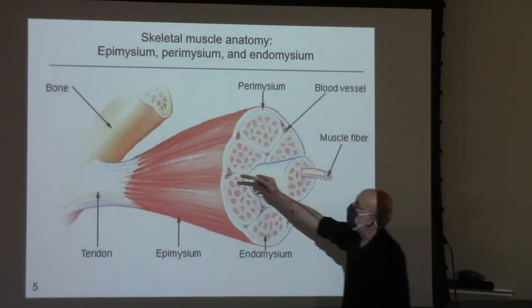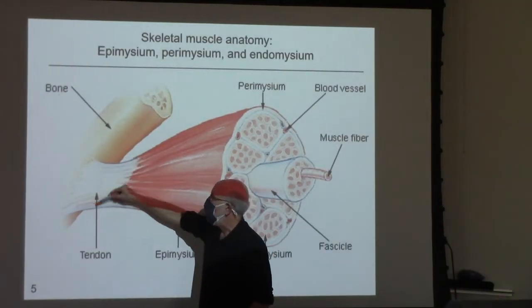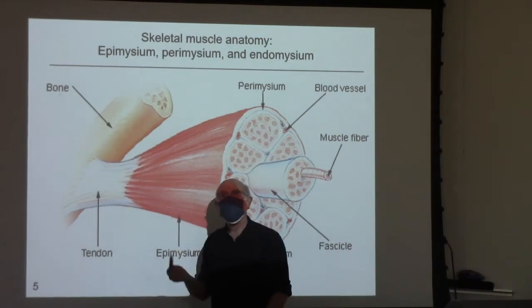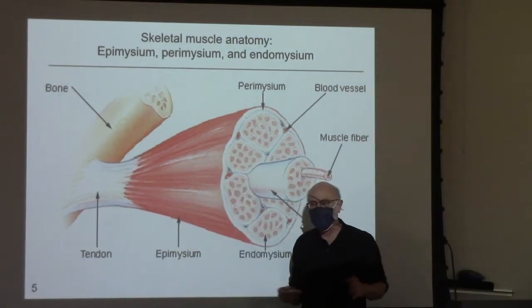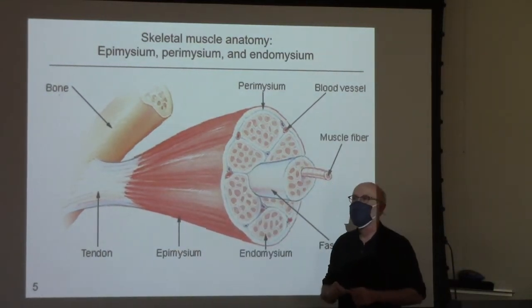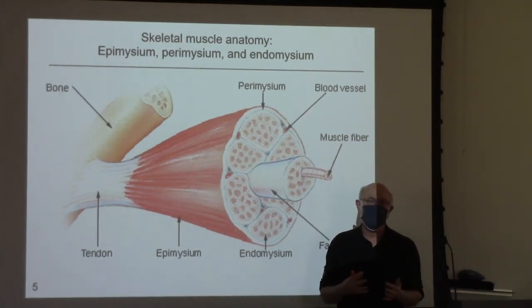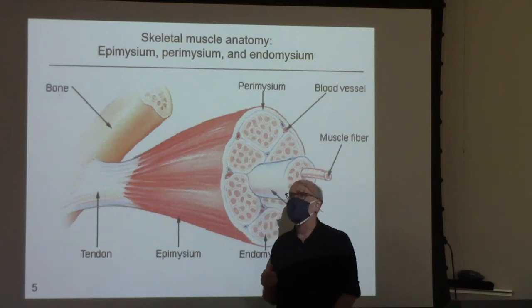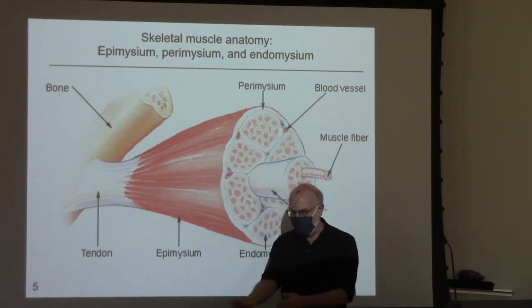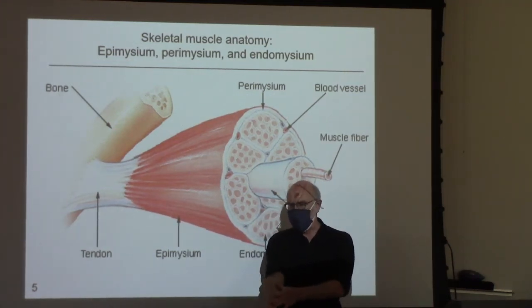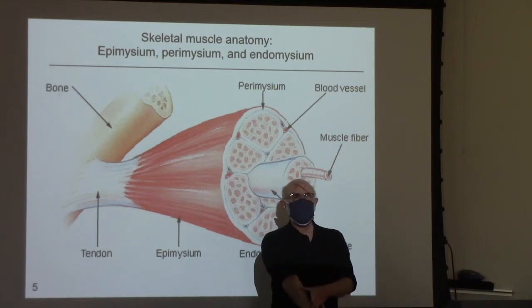So a skeletal muscle is connected to bone via a tendon. Some of the tendons that we have seen in the lab are very clear and beautiful in some ways. Some of them are not so clear, but they're all there. They can be short and not easy to see. They can be very long, like the palmaris longus tendon is inches long.